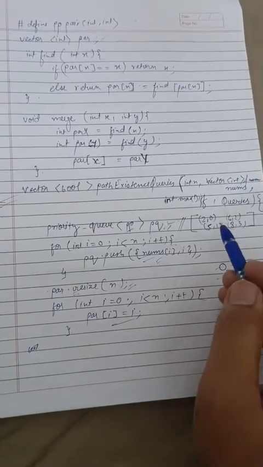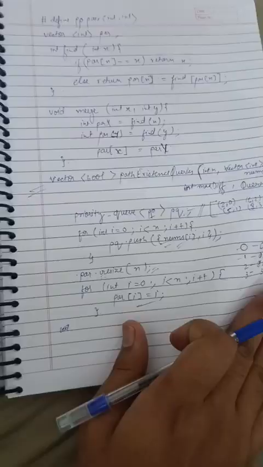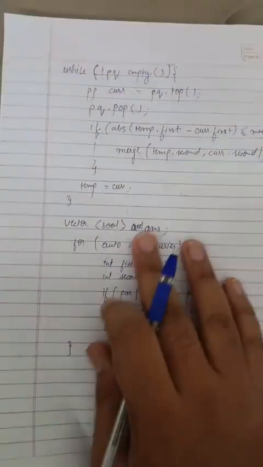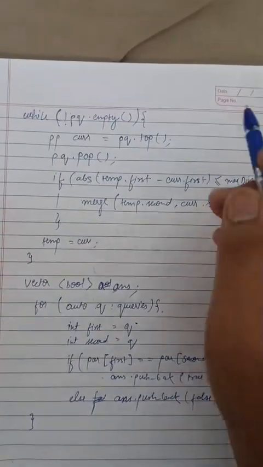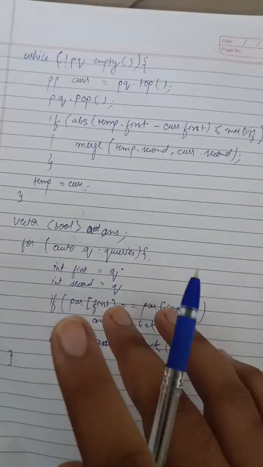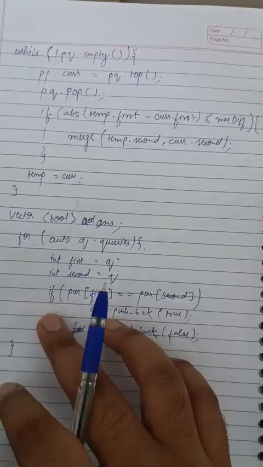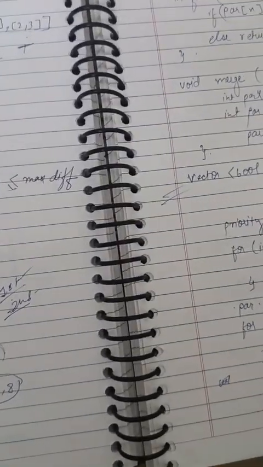Okay, so priority queue and parent are done. Next, now I will fetch out the element. Remember I told that first element, second element, right?